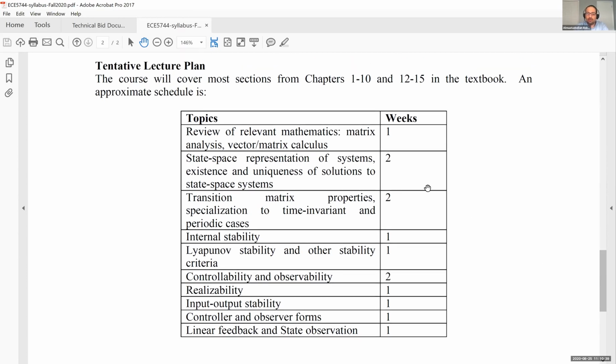I also posted background material on matrix and linear algebra. I hope that you have read it. If you have not, please do so this week, because you will need knowledge of matrix and linear algebra throughout this course. It's very important.